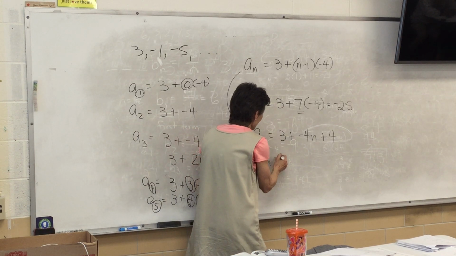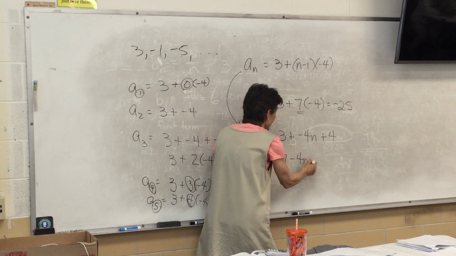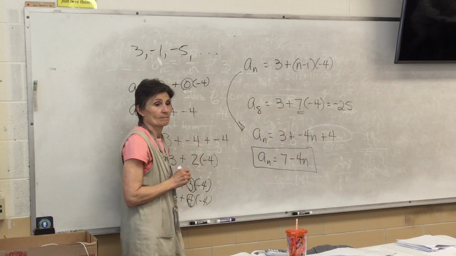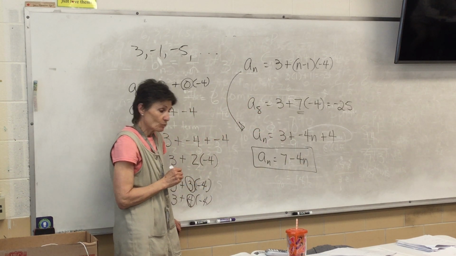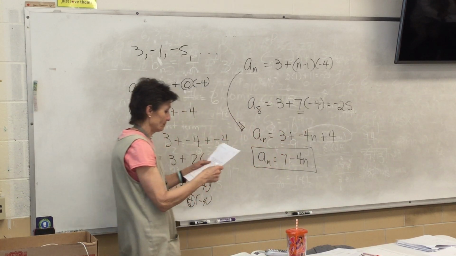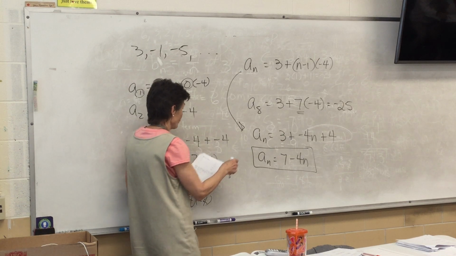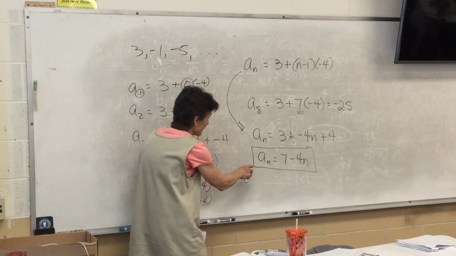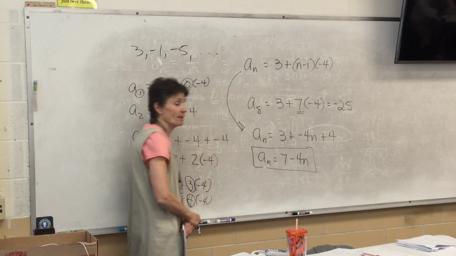Or 7 minus 4n. So when the directions said, find the value of the 8th term, we did that. And then find an expression for a sub n, we did that.